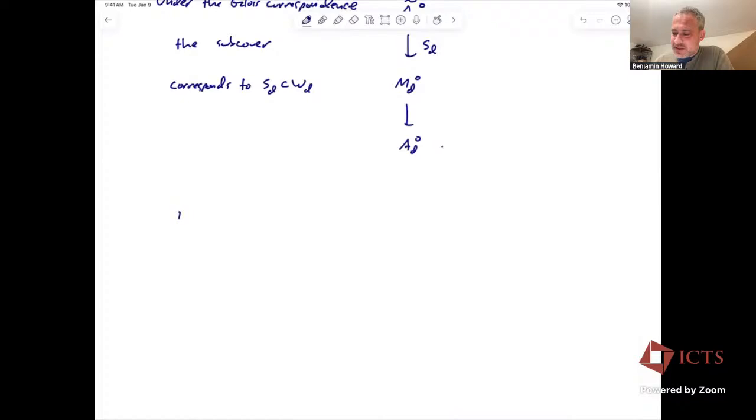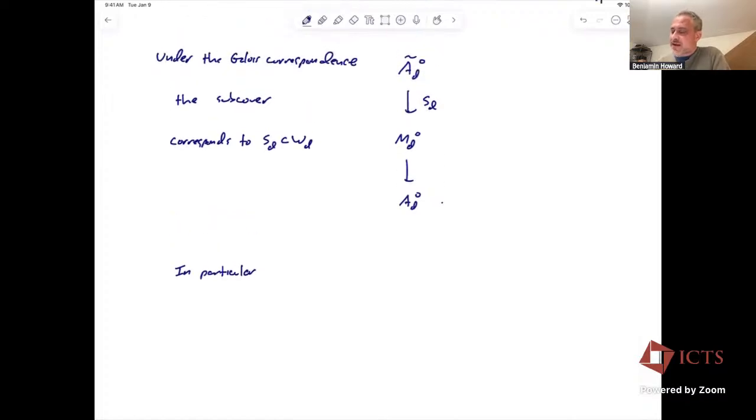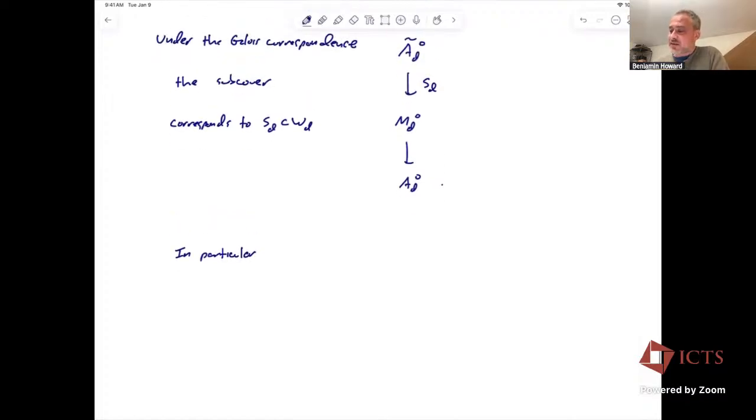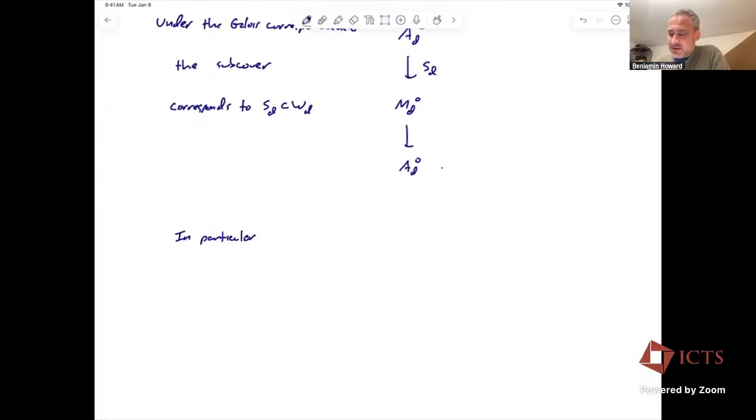In particular, the fact that we have constructed this cover of AD circ with Galois group the group WD, what does that do? Well, it realizes this finite group as a quotient of the Étale fundamental group of AD circ.